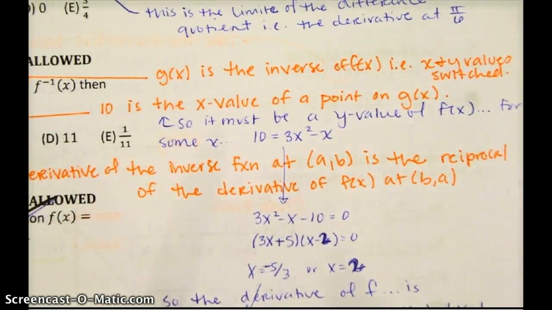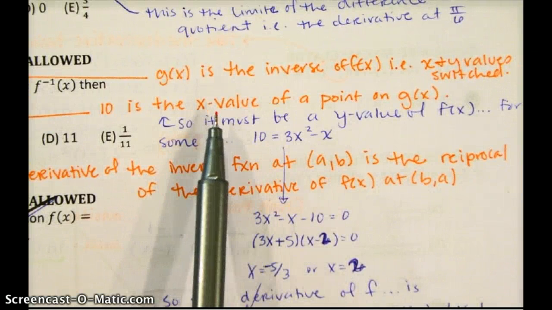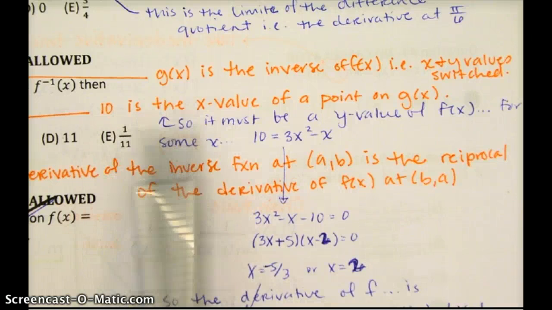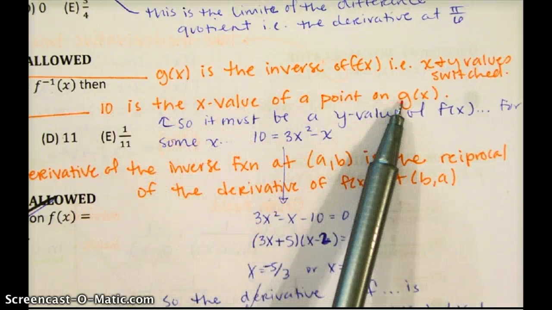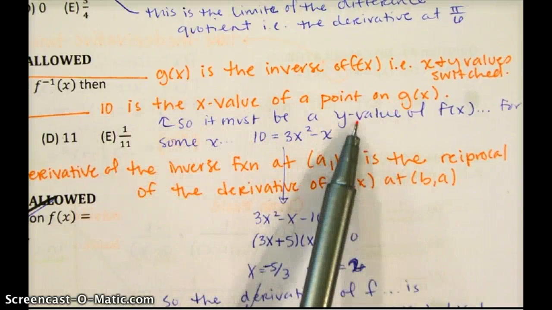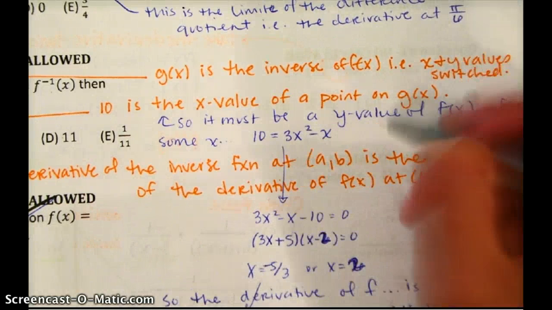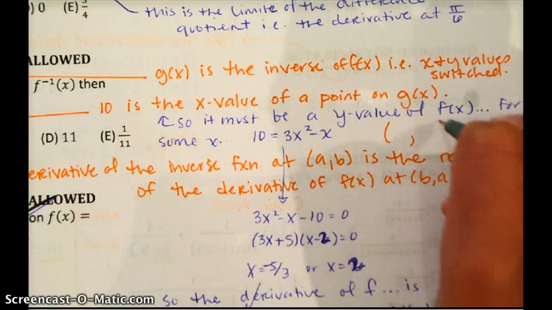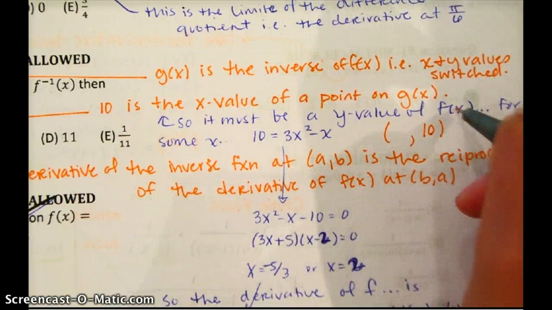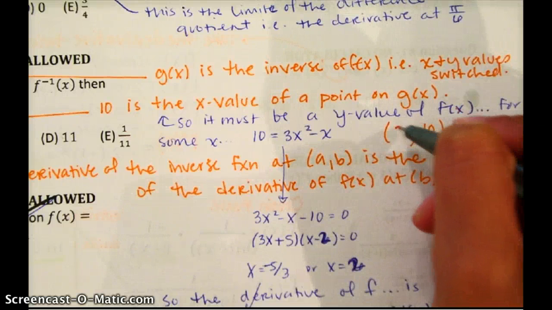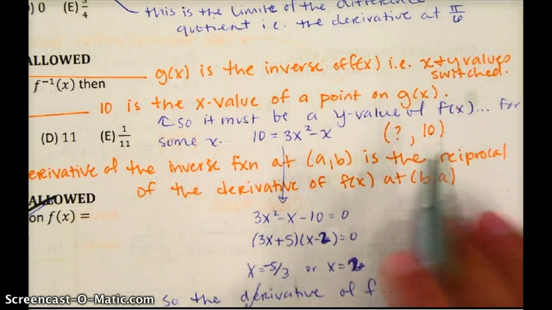We already talked about the first point. The second point that I made was that 10 is the x value of a point on g of x, which means it must be a y value of f of x, and that's because they're flipped. So I'm imagining there's some point that has a 10 as a y value for f of x. I don't know what the x value is, but I could solve for that.